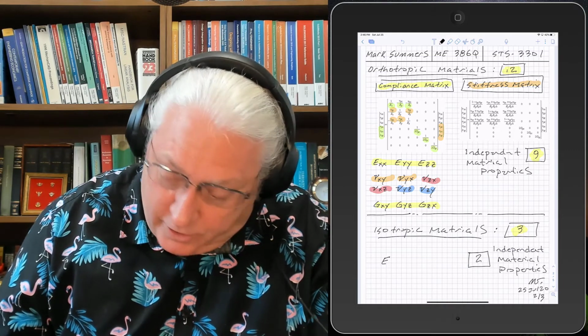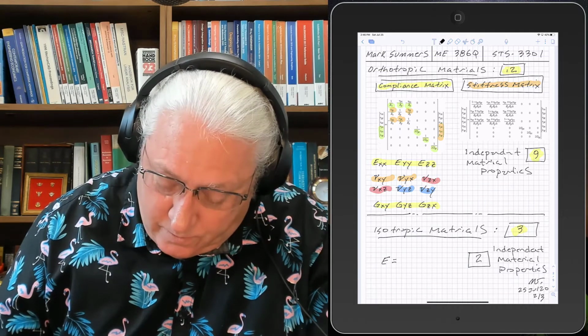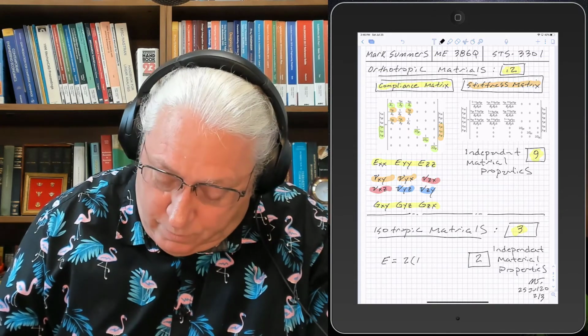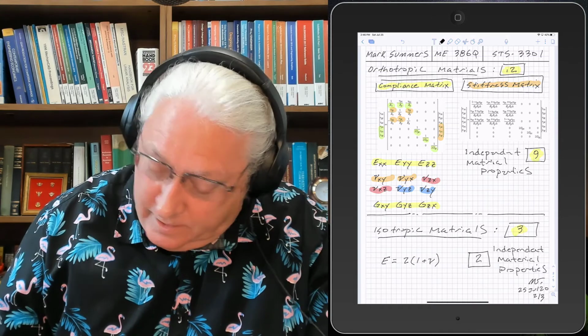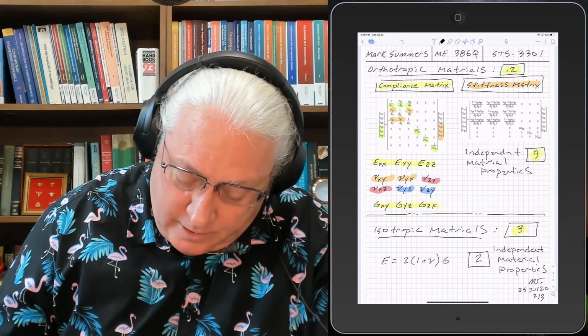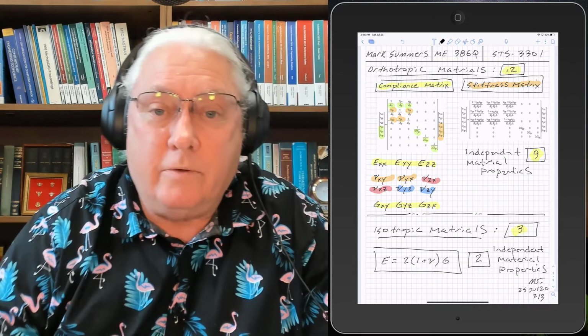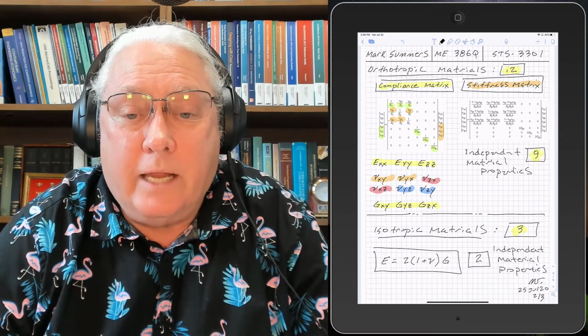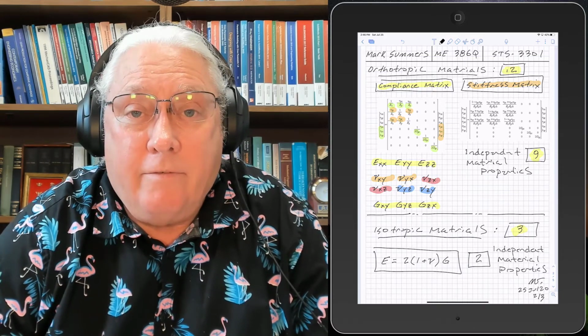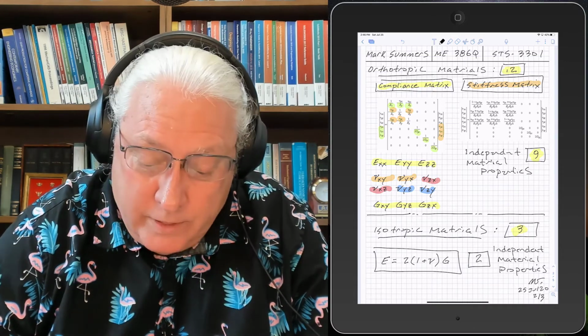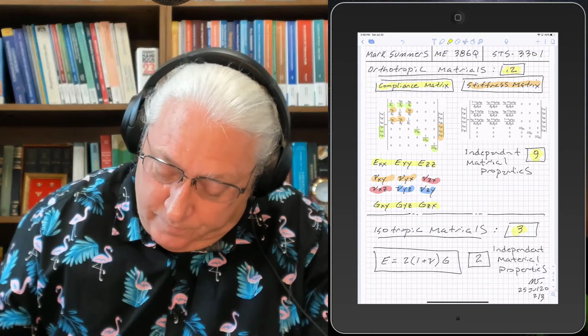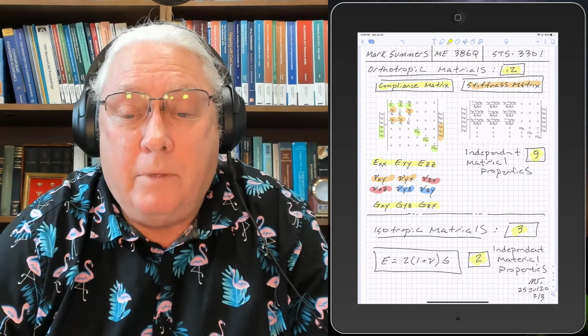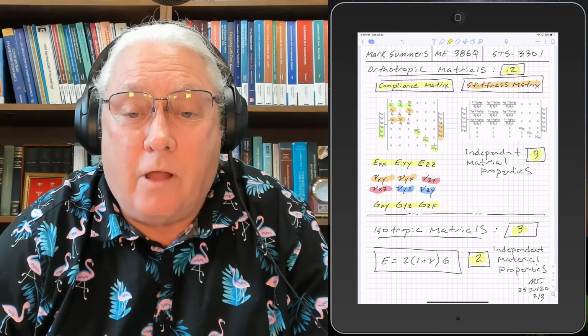So Young's modulus you can write as 2 times 1 plus the Poisson ratio times the shear modulus. And so that equation relates all 3 parameters together, which means that if you have any 2, you can always calculate the 3rd one. So we say there's two independent material properties for isotropic materials.